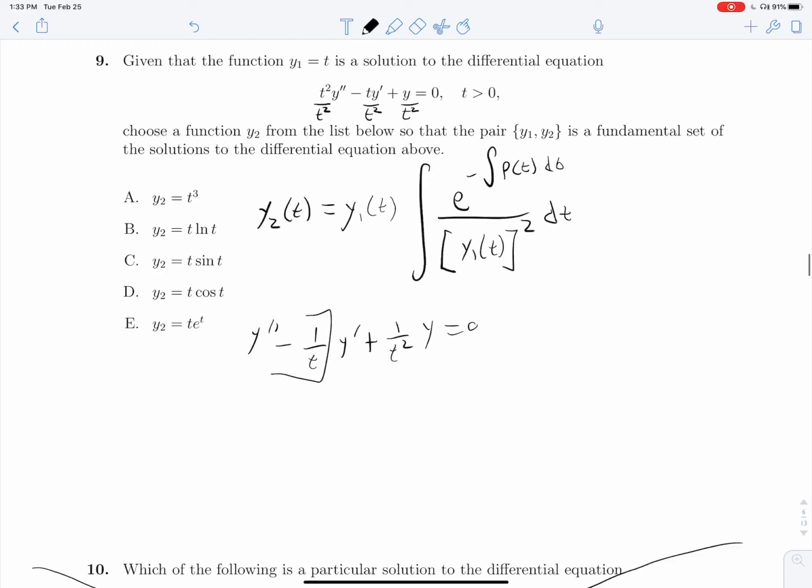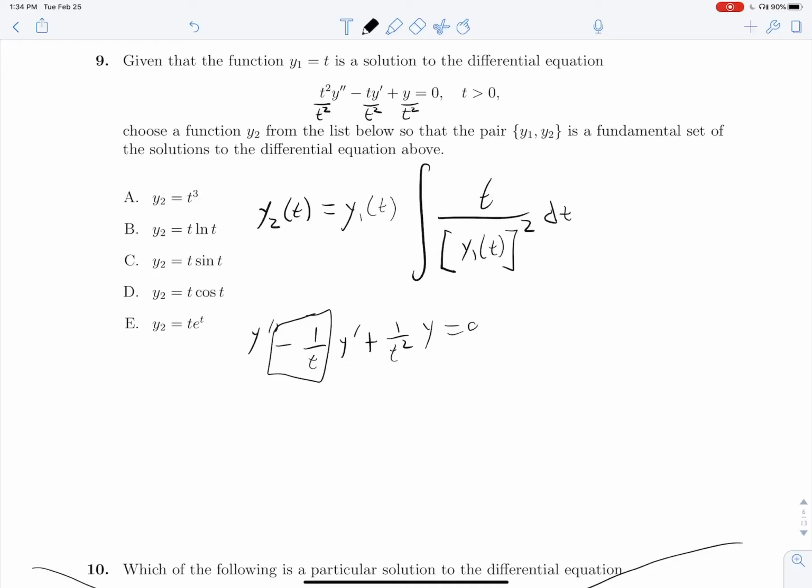So our p value is given right here. We're going to need e to the negative integral of 1 over t dt. We can cross out both these negatives. This will be ln t, and e to the ln t is just t. So all of this up here is simplifying down to t.